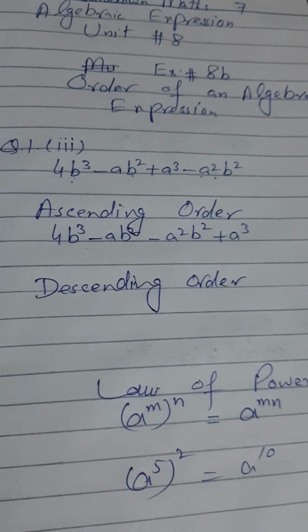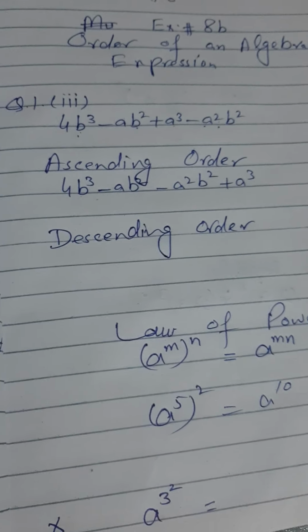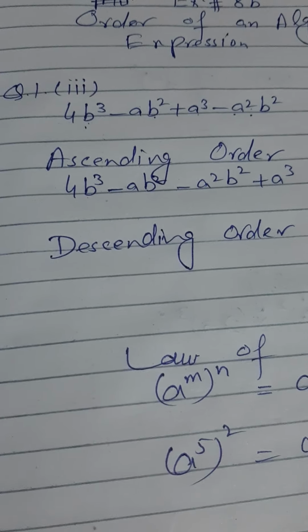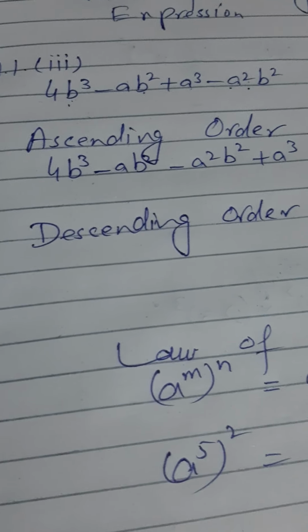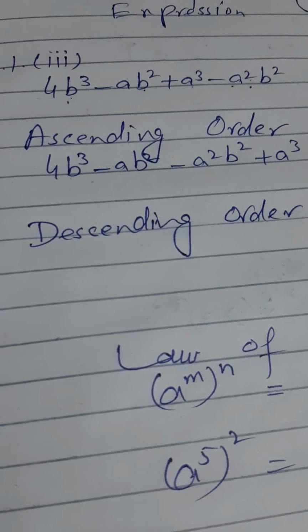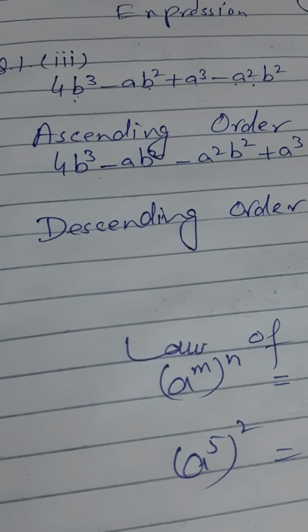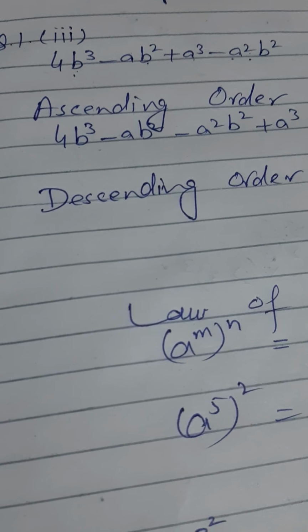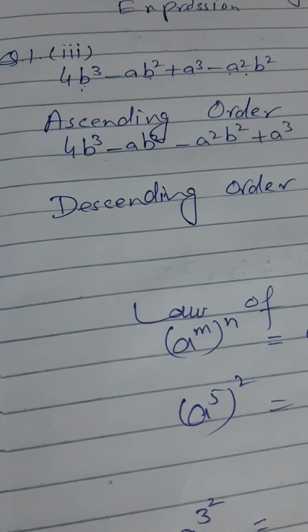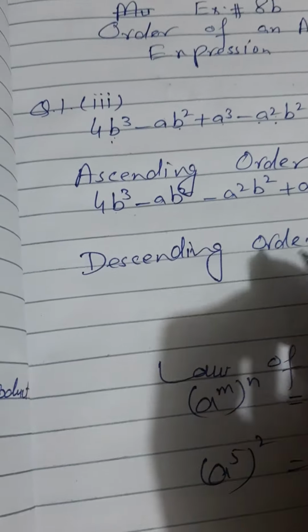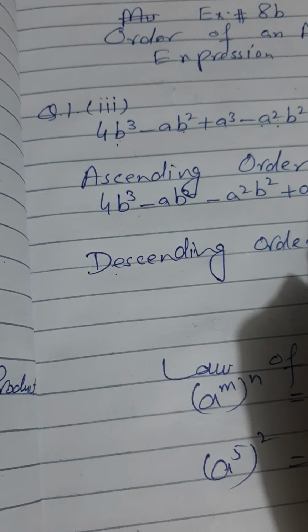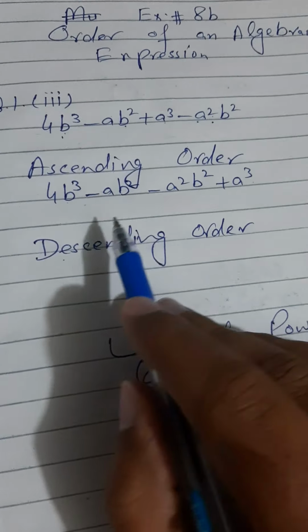That is our ascending order. Now there is no need to remember how to arrange in descending order. Just remember one order, ascending order. When you have done that, just write all terms in reverse order. So when we are writing in descending order, the last term we write as the first term.